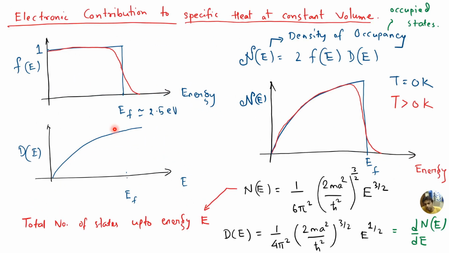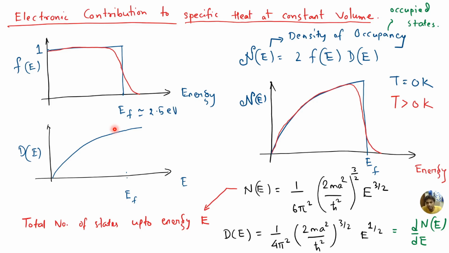So now with this information and background, we can try to understand the electronic contribution of specific heat at constant volume. What we had seen is that in the Drude model, the specific heat was overestimated by a factor of 100, and when we saw this anomaly, we tried to put in the Fermi-Dirac statistics.